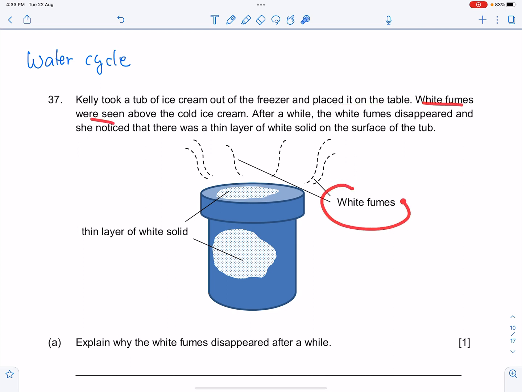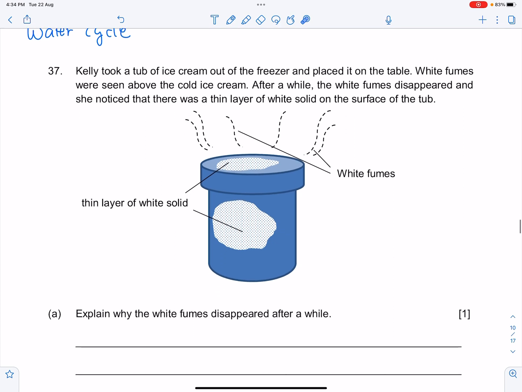The fact that they are white fumes tells me that no way can it be water vapor, because I'm able to see it above the cold ice cream. After a while, the white fumes disappeared and she noticed that there was a thin layer of white solid on the surface of the tub. So once again, it cannot be water vapor, it has to be something else.